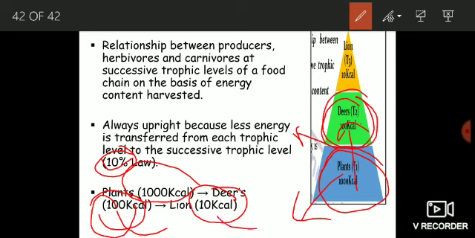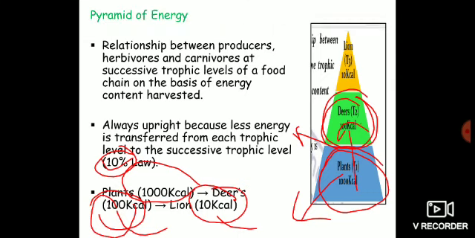It means that as we move from the producers to the top carnivores, the amount of energy that moves goes on decreasing, because only 10% of the energy goes from one trophic level to the next trophic level, and the 90% energy is consumed by the lower trophic level for their maintenance and respiration. And this is all about the ecology.